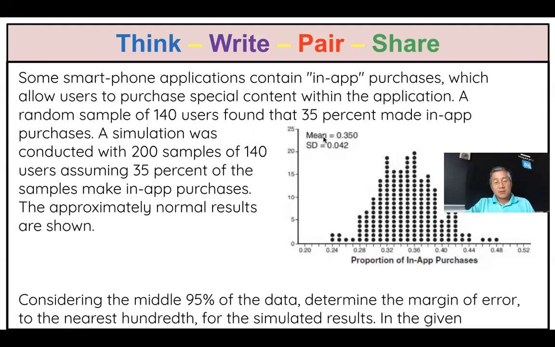If you look here, the mean is 0.35, which is 35%, right? And SD, the sample standard deviation, is 0.042. Now how do you determine the margin of error?